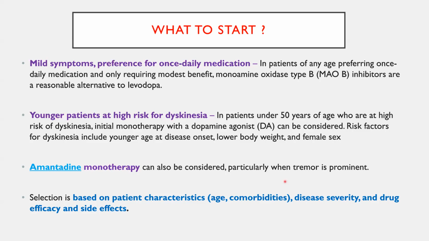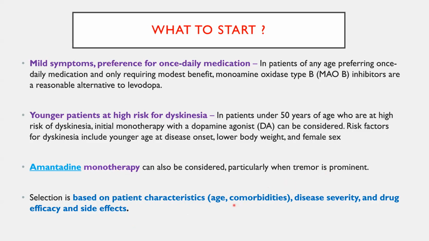Okay. And amantadine monotherapy can be given if a patient has tremor-predominant Parkinson's or levodopa-induced dyskinesias. So mainly, choose the drugs based on patient characteristics like age, comorbidities, severity, drug efficacy, and side effects.